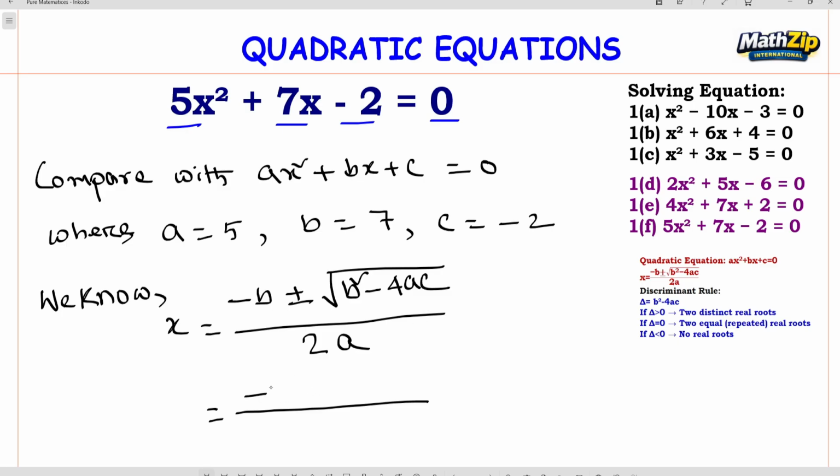So minus b means minus 7, plus minus root over 7² minus 4 times a, which is 5, times c, which is minus 2. Then divide 2 times a, which is 5.